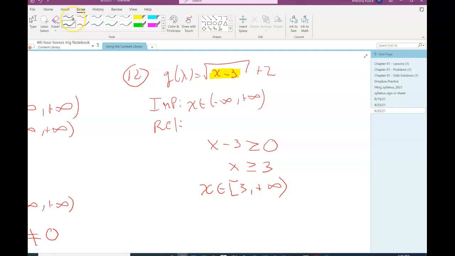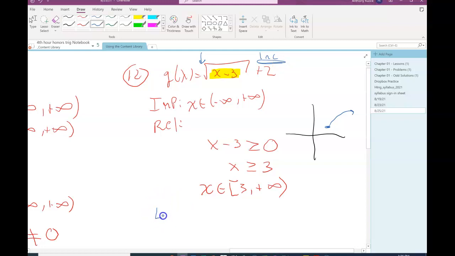Now, we mentioned in the notes that the graph of a square root function, when the leading coefficient is positive, is going to be increasing. In this case, it'll look like this if you typed it into your calculator. But the key was that it was increasing.